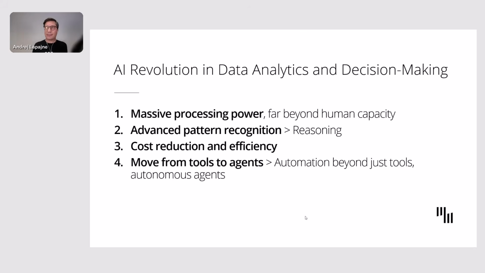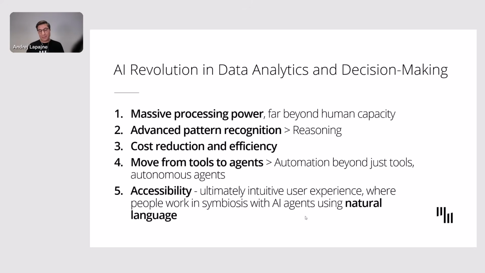The latest trend in AI is also to move from tools basically to actually agents and workflows. Which means even more automation, because an agent can actually do work for you.